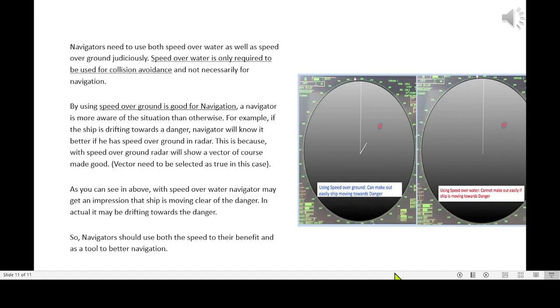This is because, with speed over ground, radar will show a vector of course made good. Vector needs to be selected as true in this case. As you can see above, with speed over water, the navigator may get an impression that the ship is moving clear of the danger. In actual fact, it may be drifting towards the danger. So, navigators should use both speeds to their benefit and as a tool for better navigation.